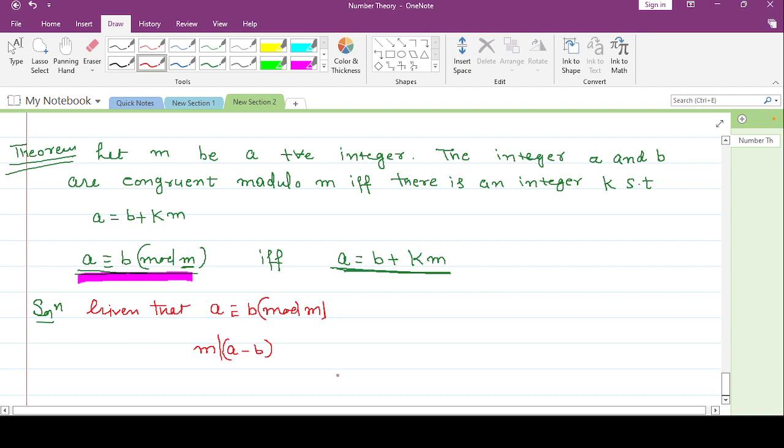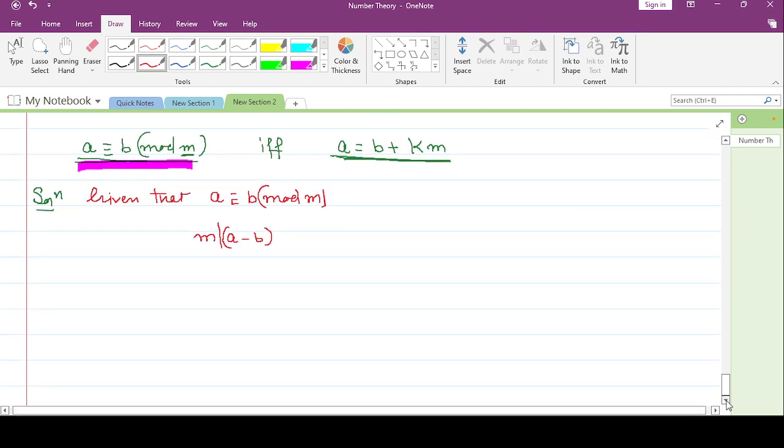Now if m divides a minus b, then by the definition of divisibility, there exists an integer k such that a minus b is equal to k times m. So a is equal to b plus km. This is the first part.